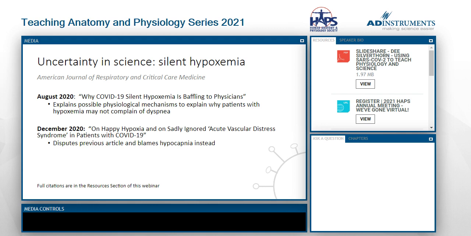And then in reply to that, the original authors came back and rebutted that. So I think it's important for our students to see that even the scientists can't agree on what's going on with the pathophysiology, and this is one of the reasons that I would caution about teaching too much of the pathophysiology.